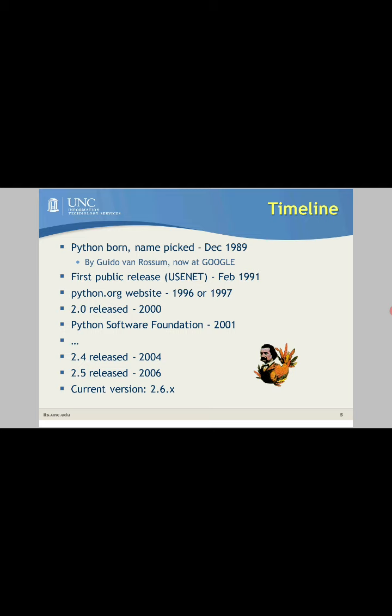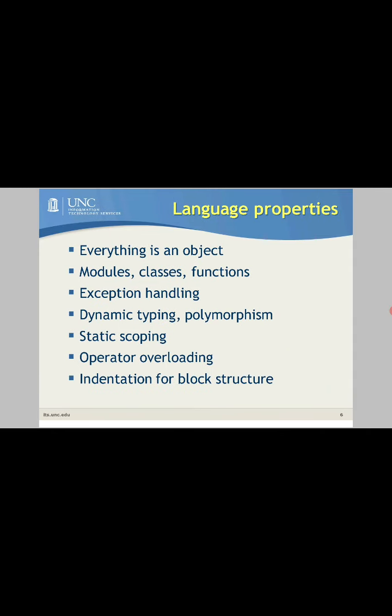Presently the current version is 2.6, and there are many other versions like 2.4 and others. What are the language properties of Python? Everything is an object, because Python is an object oriented language.